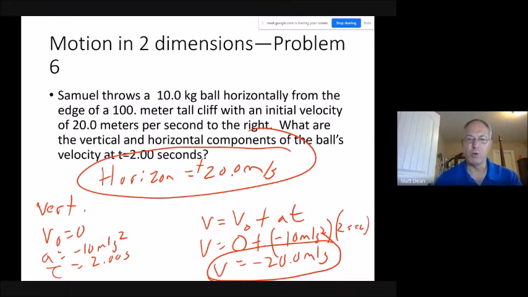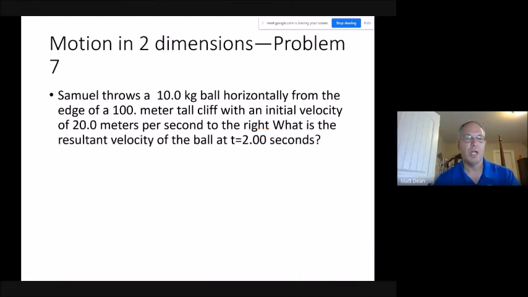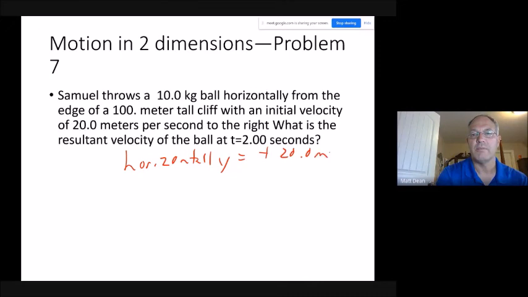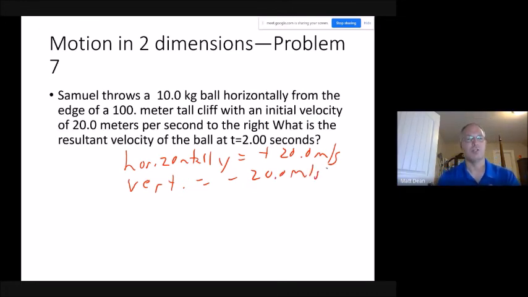And I think we have one more twist on this problem. Here it wants to know what is the resultant velocity at t equals 2 seconds. Remember, at 2 seconds, horizontally, we had +20 meters per second. Vertically, we had -20 meters per second. We want to know the resultant, which means add them together.